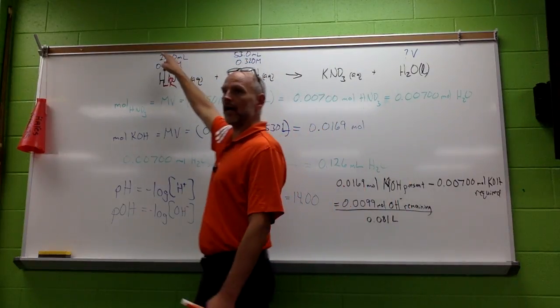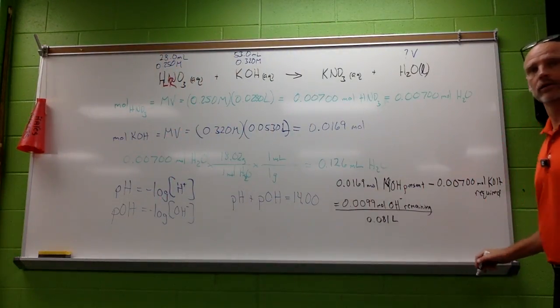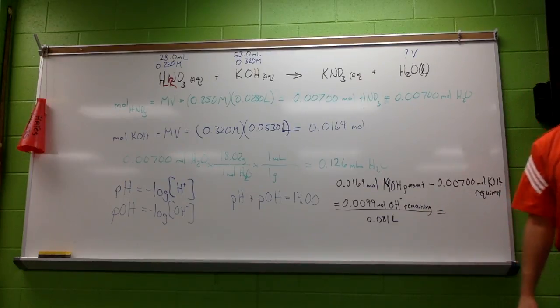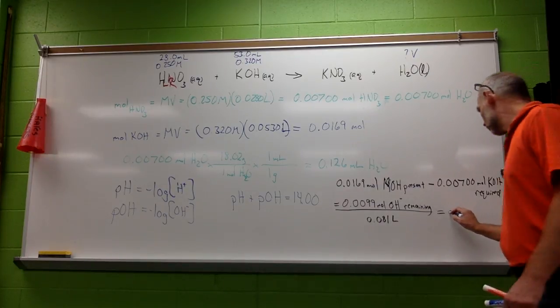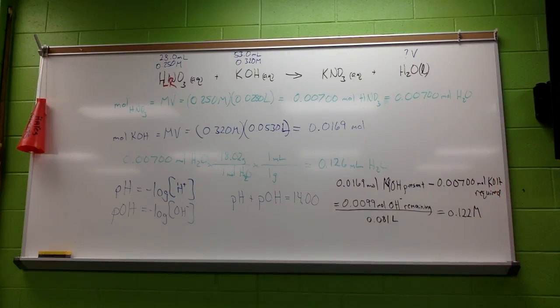Yeah, it's the 2 volumes added together and converted to liters. I gotcha. And now, what is the concentration? 0.12. So it's 0.122 molar, and that's hydroxide ion.